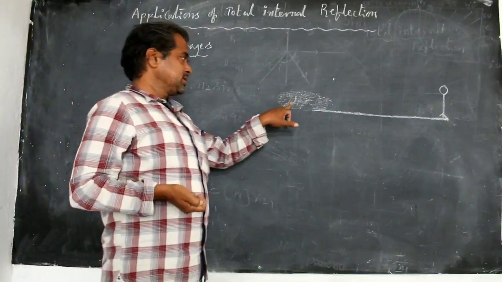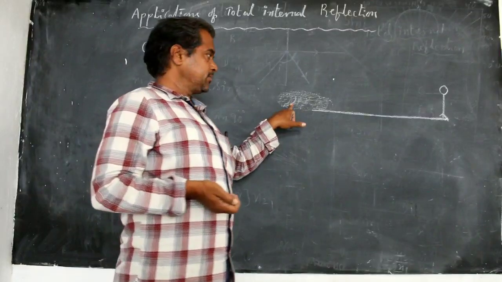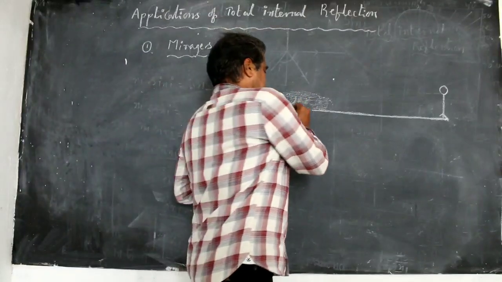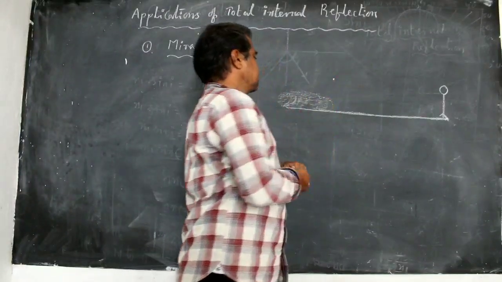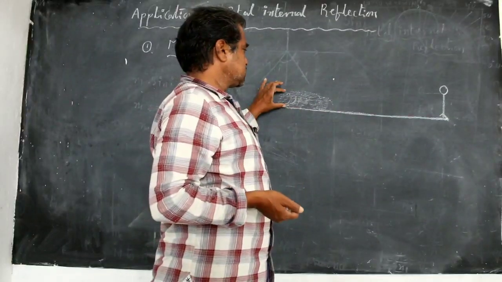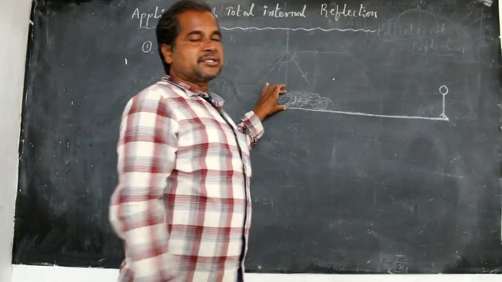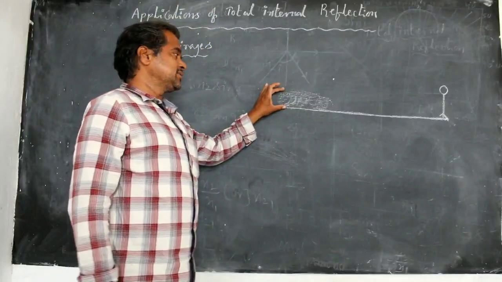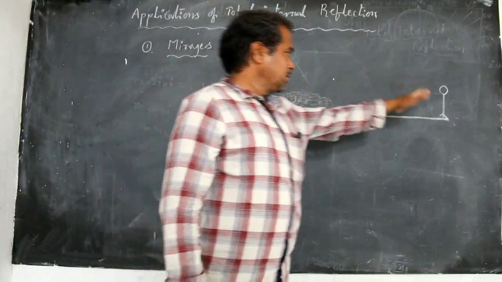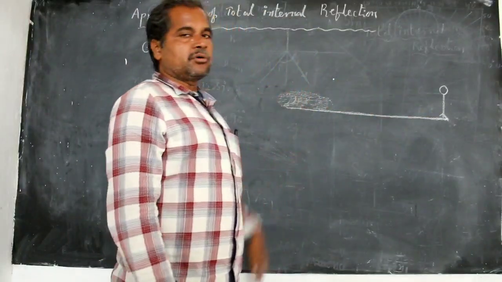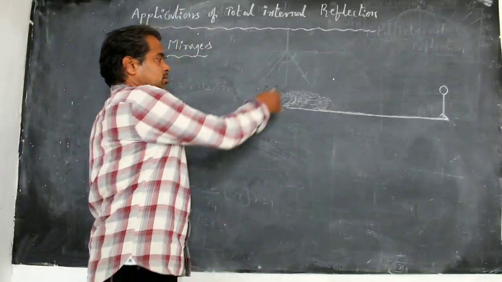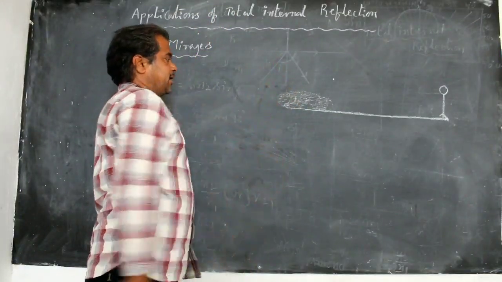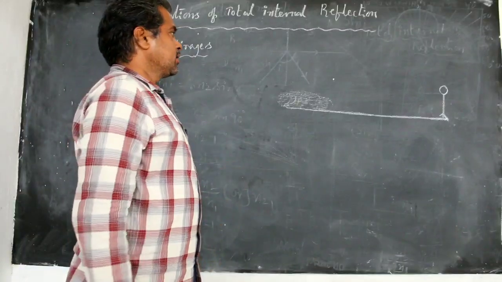Just now we defined that mirage is an optical illusion. While we are traveling on the roads, water deposits appear at distant places, but when we go there, there are no water deposits. How do these water deposits appear at distant places?